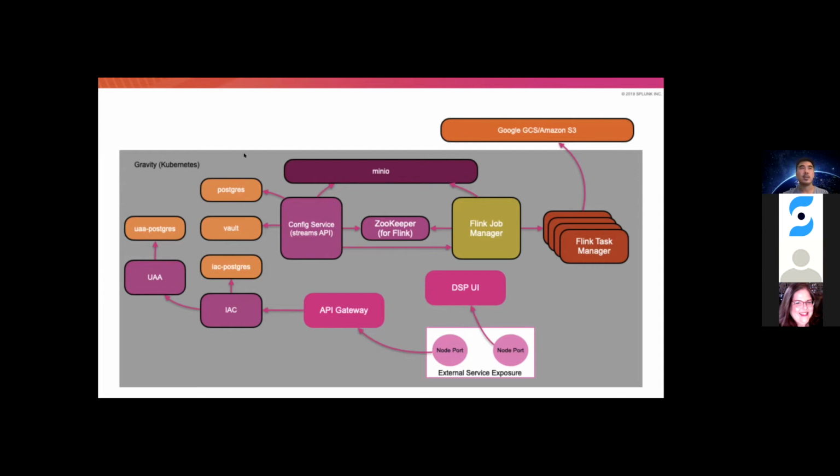This is a diagram that depicts how we run on-prem, so we're also leveraging object stores like Minio on-prem, but in the cloud we would be leveraging existing cloud object stores such as S3 and GCS. So there are definitely a lot of other components other than Apache Pulsar and Apache Flink that allow SPS to run in the manner it does, as a multi-tenant, fully featured service.